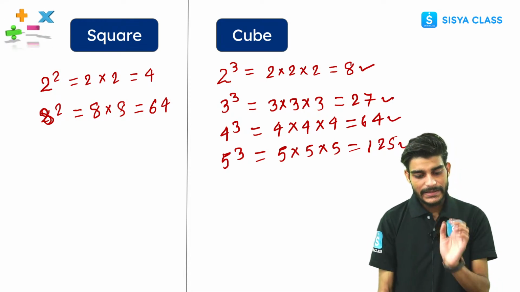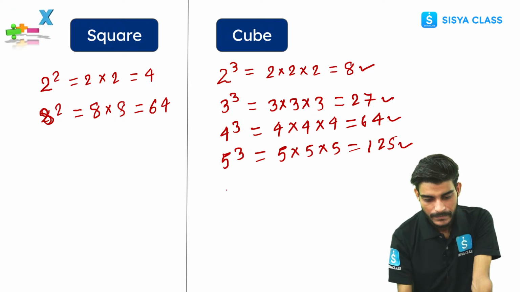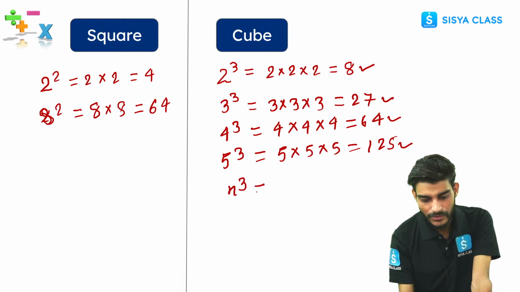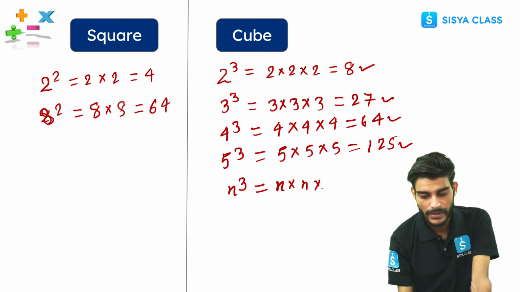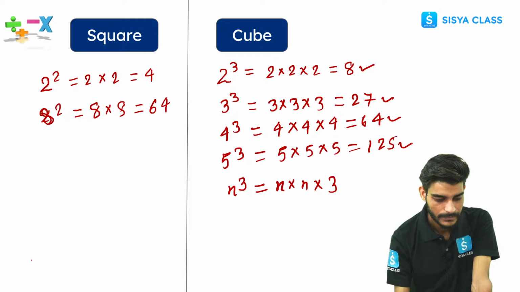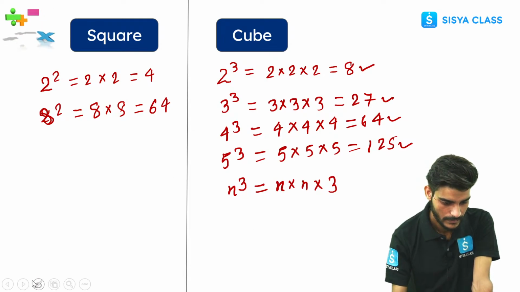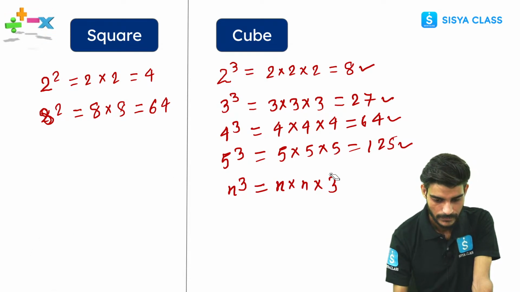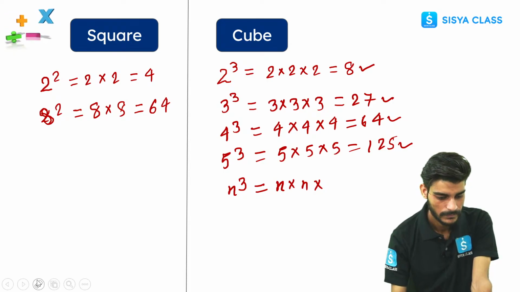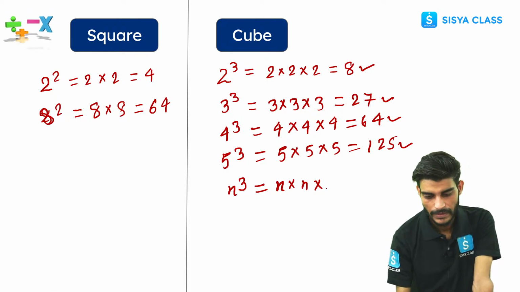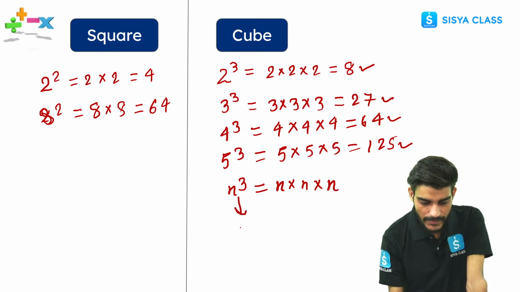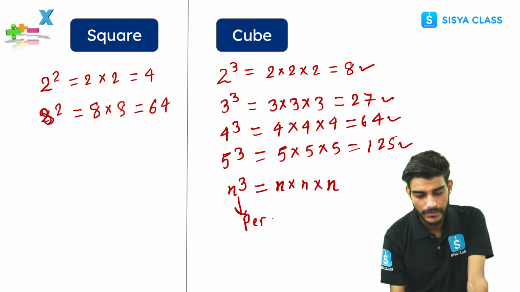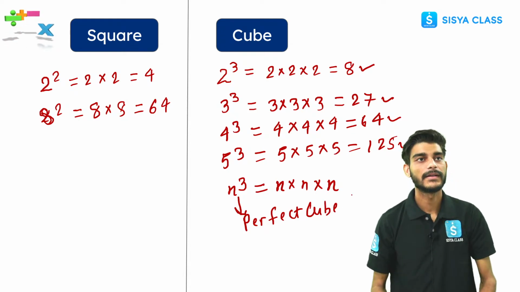If you multiply the same number n into n into n, 3 times, you get n cube. So the result you are getting is a perfect cube. Clear?